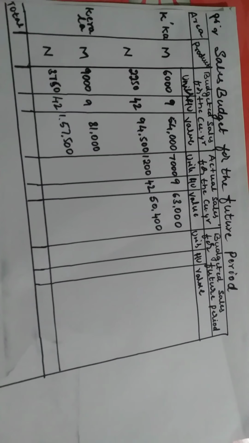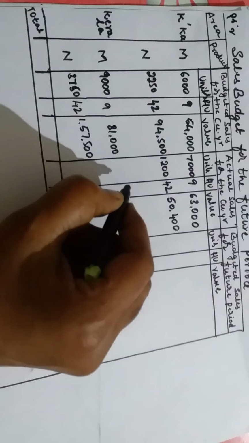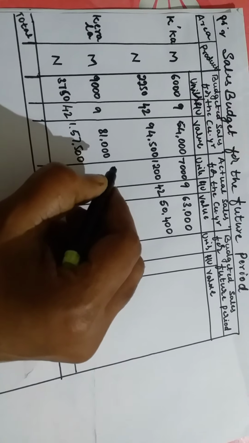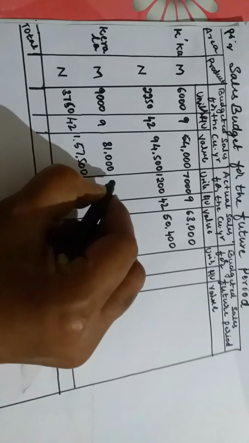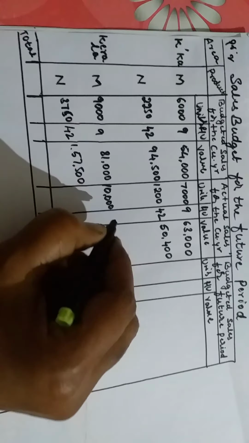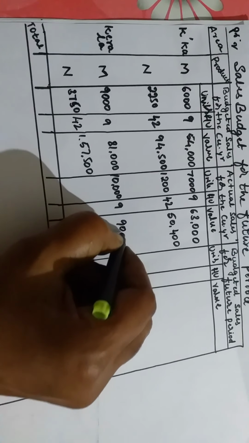And similarly, you have to go for the next one, Kerala. In Kerala, the actual sales figure is given in the problem: 10,000 units at the rate of rupees 9, and the value is 90,000.